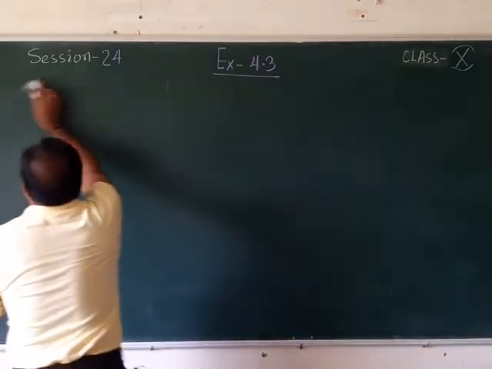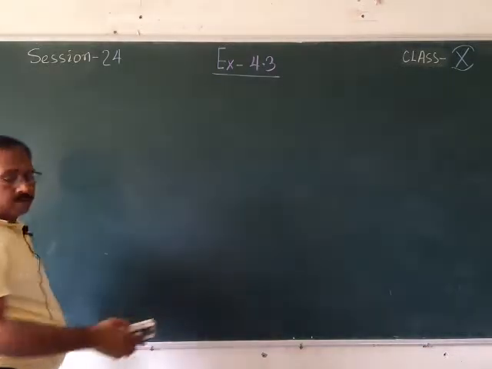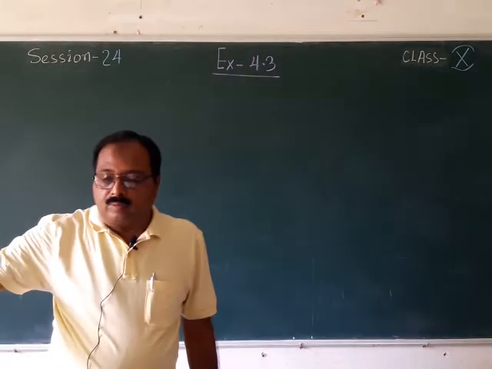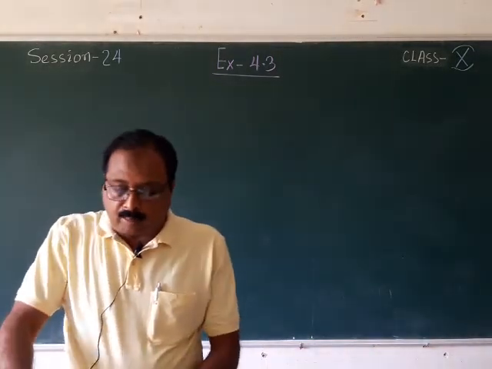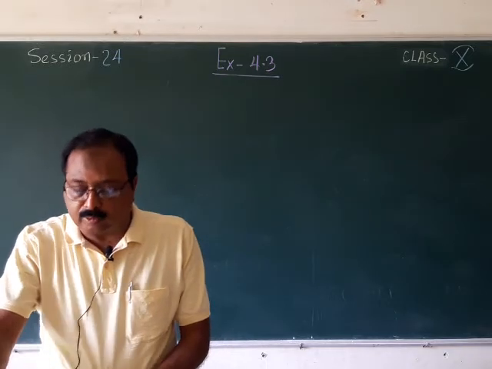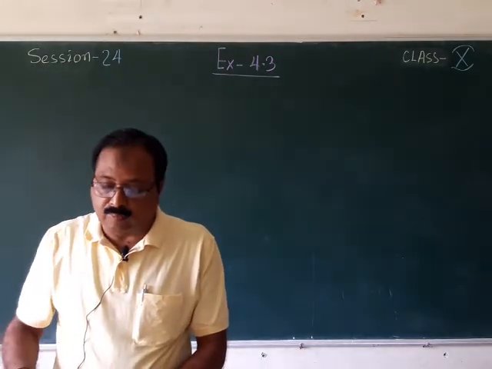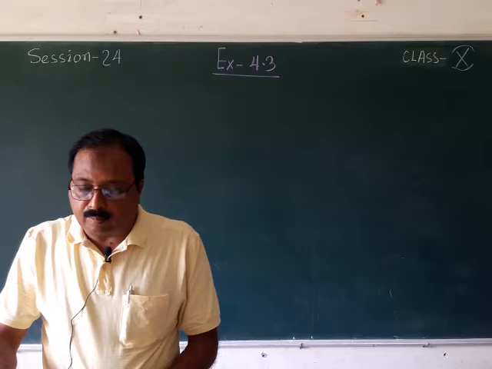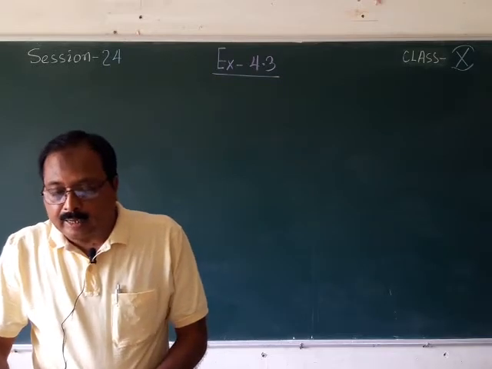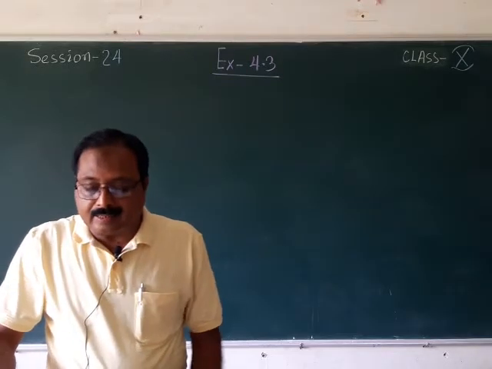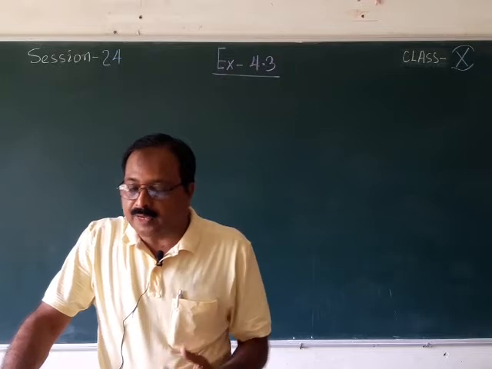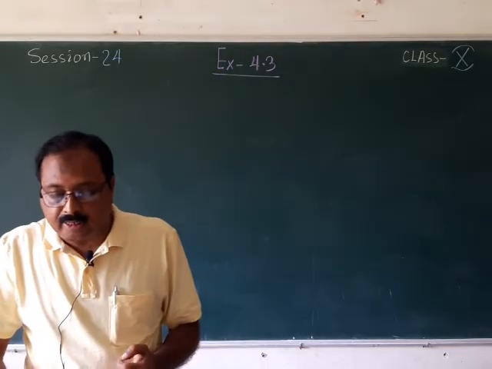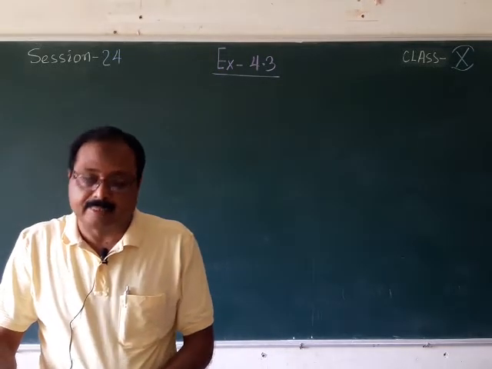So this was question number 3.1. Now I am going for the word problem. This is question number 4. You can see in your book the question number 4 is like this. The sum of the reciprocal of Rahman's age in years 3 years ago and 5 years from now is 1/3. Find his present age.